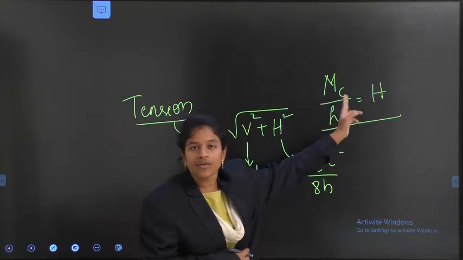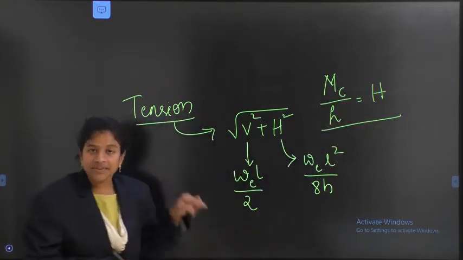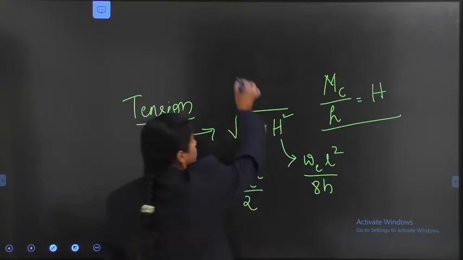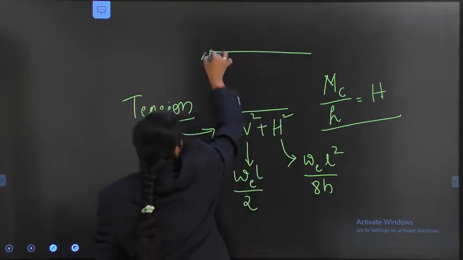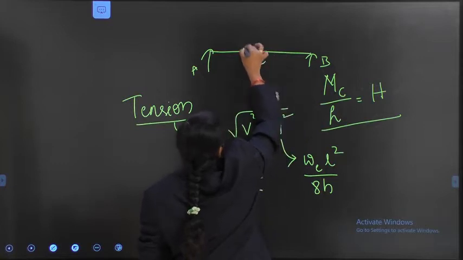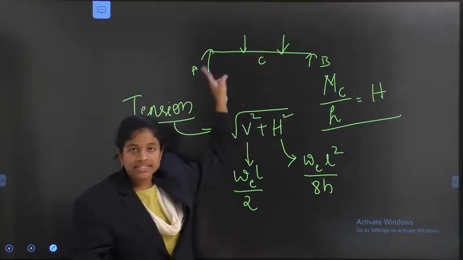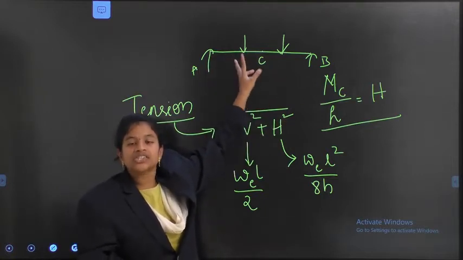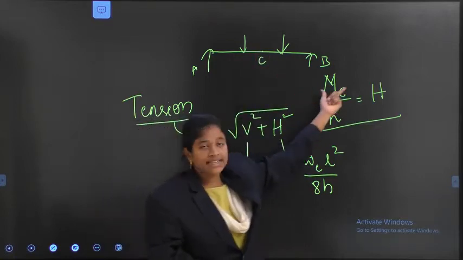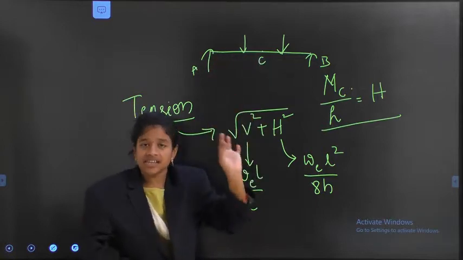From that condition we got this, where capital Mc is the beam moment at C due to the application of external loads. So here are A, B, and C, and this is the actual loading figure on the stiffening girder. Due to the application of the external loads, what is the moment at C? That answer is Mc.